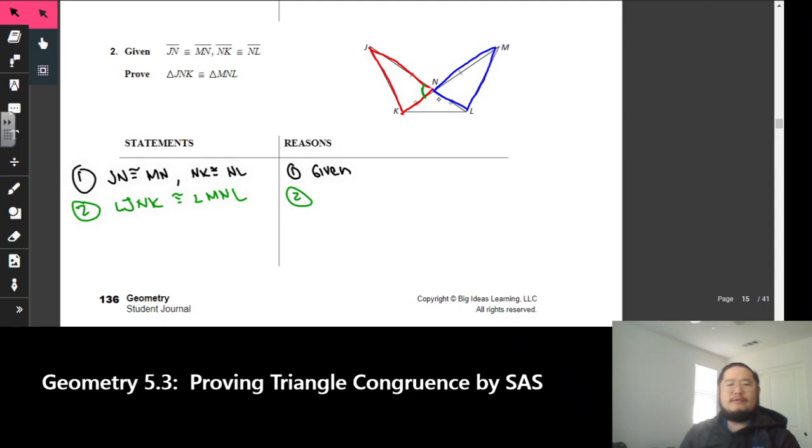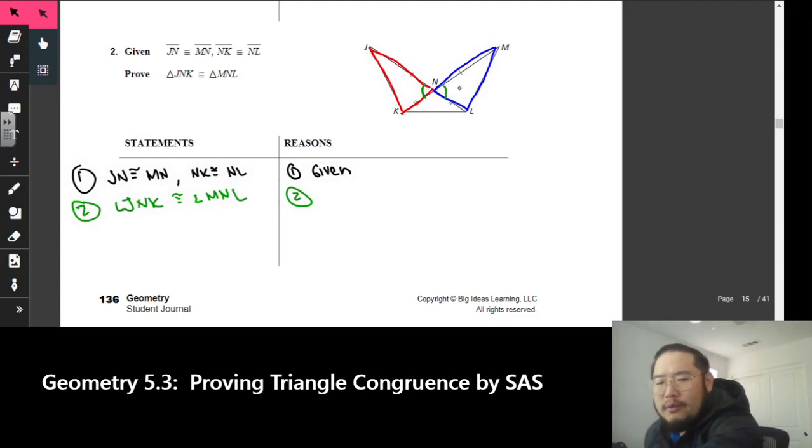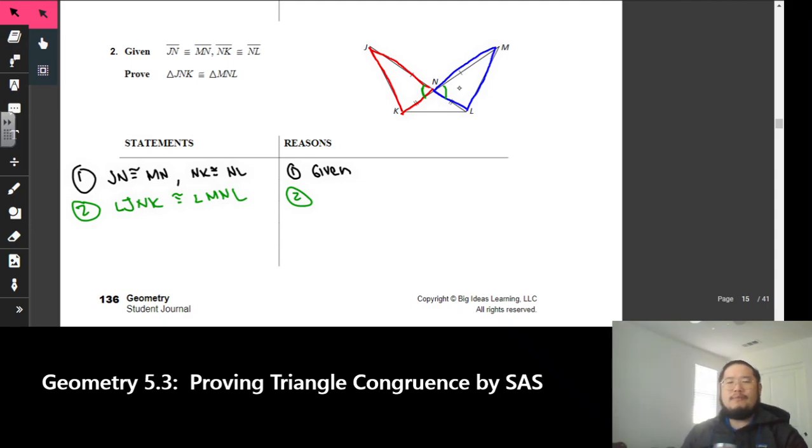You got to give a reason for it. We have 2 lines right here, segment MK and segment JL. Those are straight lines, essentially. And they intersected and they form these 2 angles, or actually 4. Well, what are those 2 angles? The relationship? That'll be the reason.